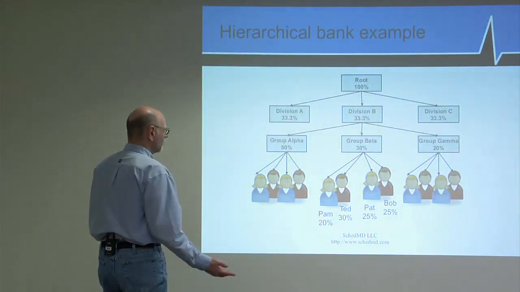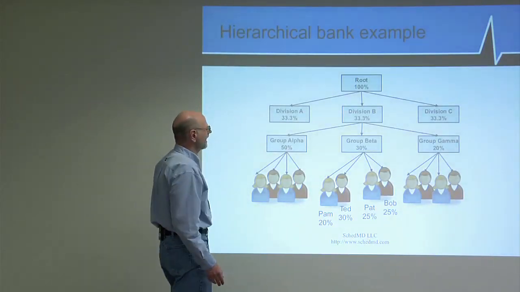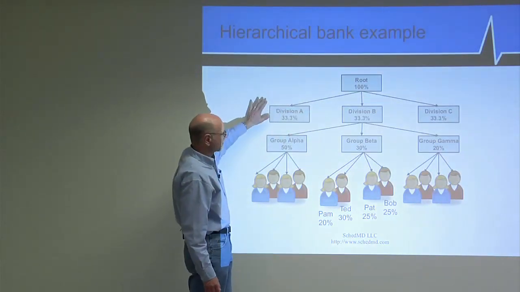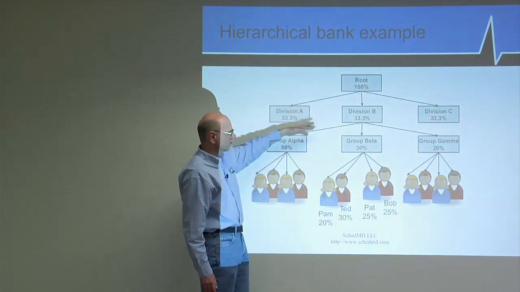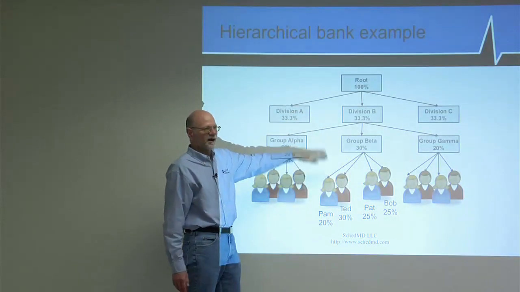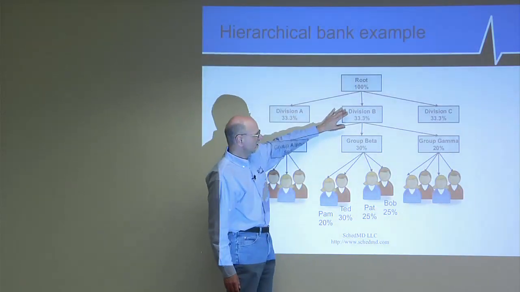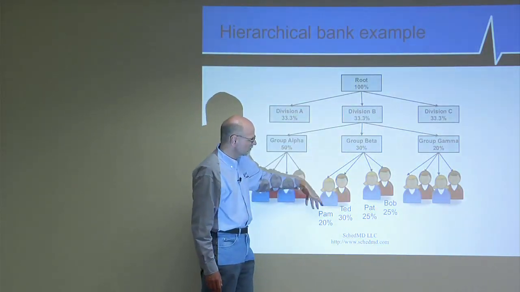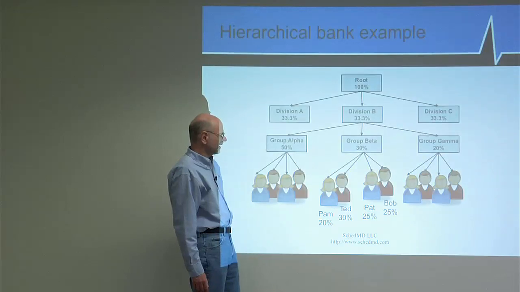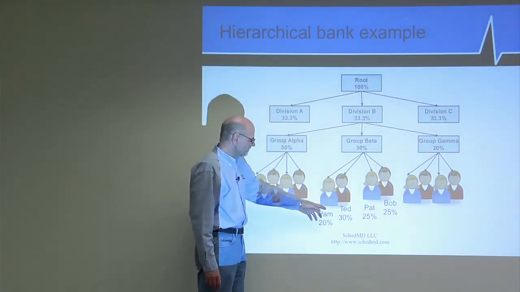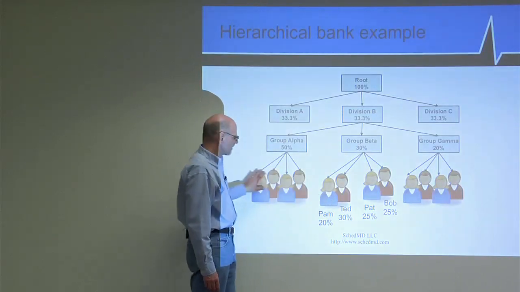Here's a simple example of a hierarchical bank where your root has 100% of the resources, and we have, say, 3 divisions. This can be arbitrary depth, incidentally, and Division B has 3 groups, and various users are allocated a share of the resources there. And like I said, users can be in multiple places.